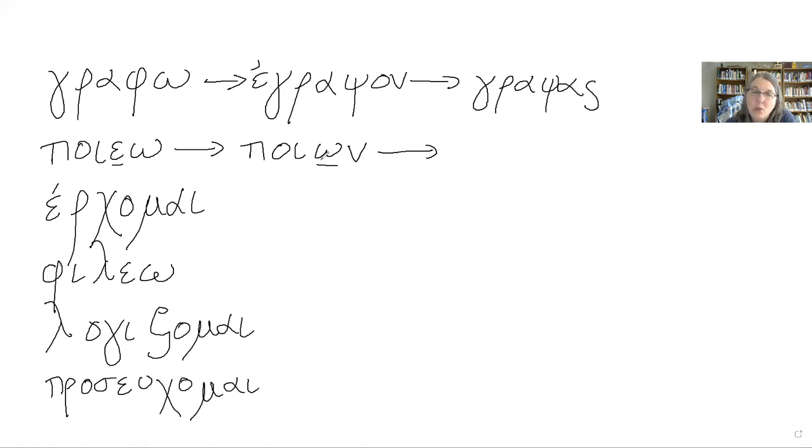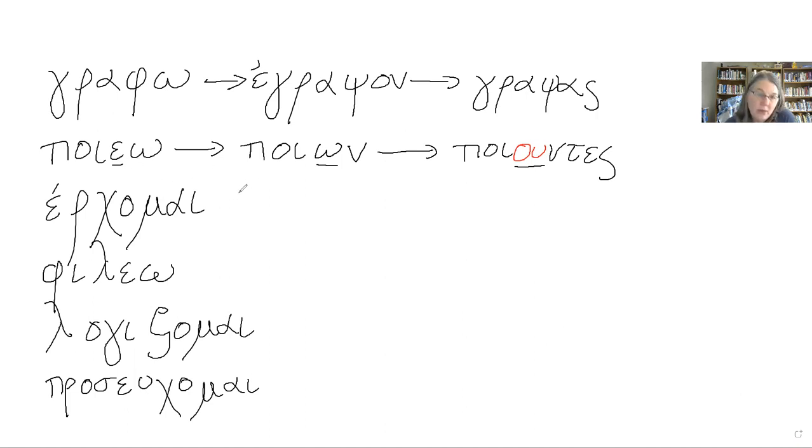But now when we put it in the plural, we're going to get this ontes ending, and with the epsilon of the stem, we're going to get poi, and then we could even do this and say poiount, and then we'll get the rest of the regular ending, poiountes. And again, the omicron upsilon here in the ending is because of the epsilon of the stem.